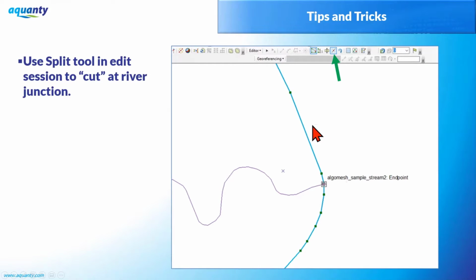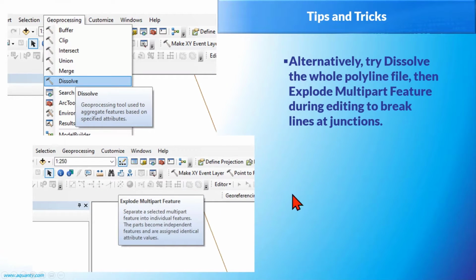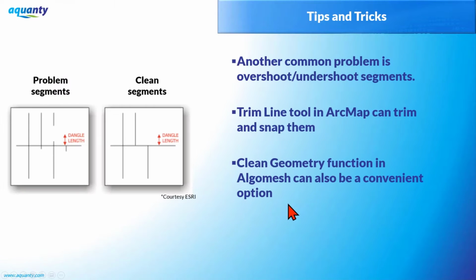To fix this, the easiest way is to split and cut this river at the junction so that there is an endpoint at this location for this line. Alternatively, you could also dissolve this together into one feature, and you can explode that again to break the lines at junctions if you want to.